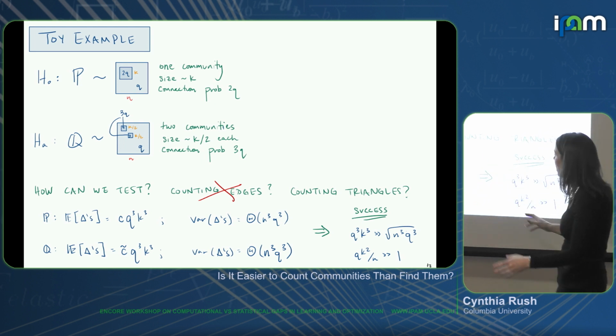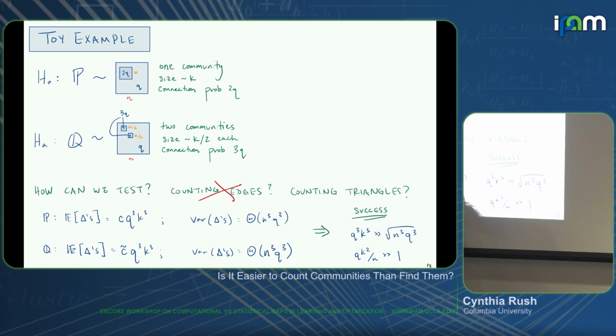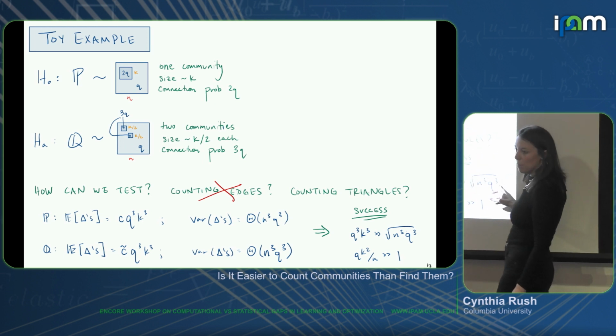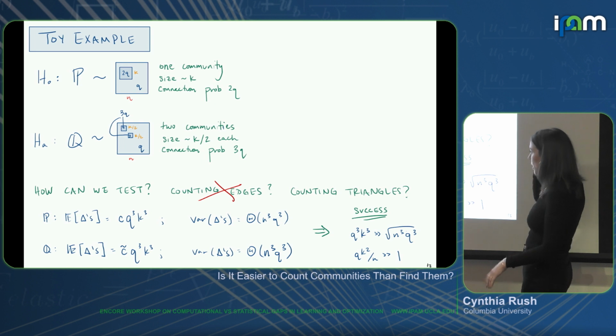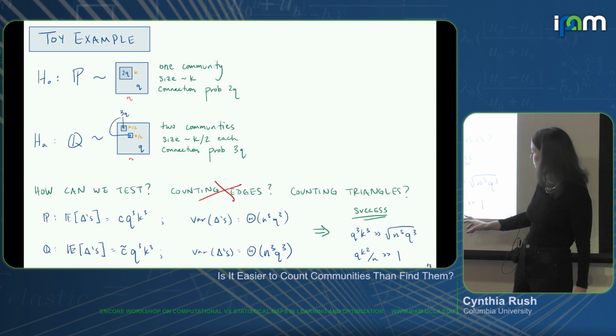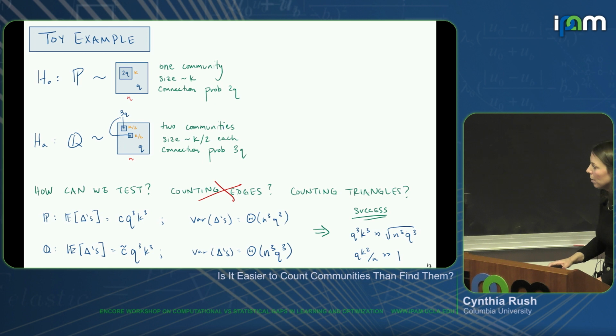So what this means is that if these means are scaling at a different rate than my standard deviation, I'm going to be able to detect. And so this success statement boils down to a relationship between k and q, which is my signal strength, and the size of the entire graph.